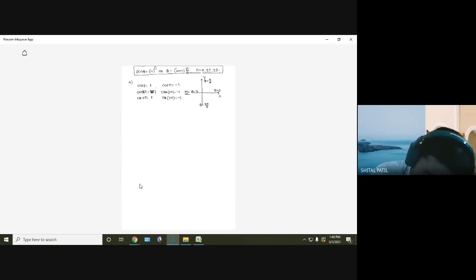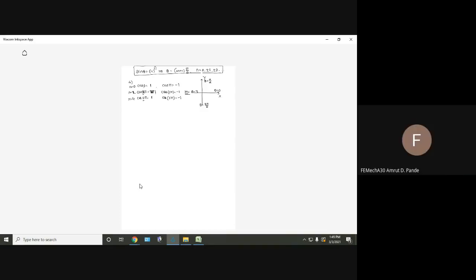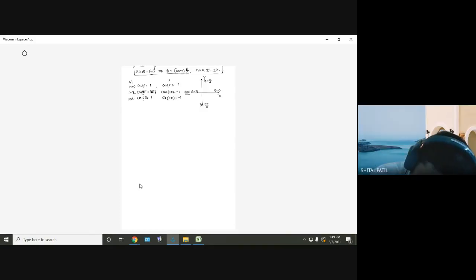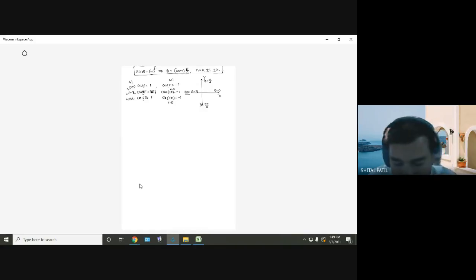So simple है. Whenever n is, in this case n is 0, here n is 1, here n is 2, coefficient I am saying. Coefficient is 1 here, coefficient is 3 here, coefficient is 5 here. So whenever coefficient is even, answer is plus 1. Whenever coefficient is odd, n equal to 1, 3, 5, minus 1, okay?